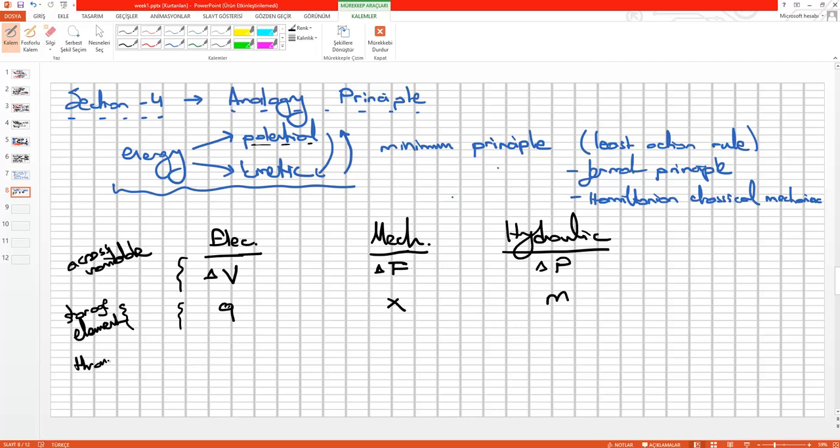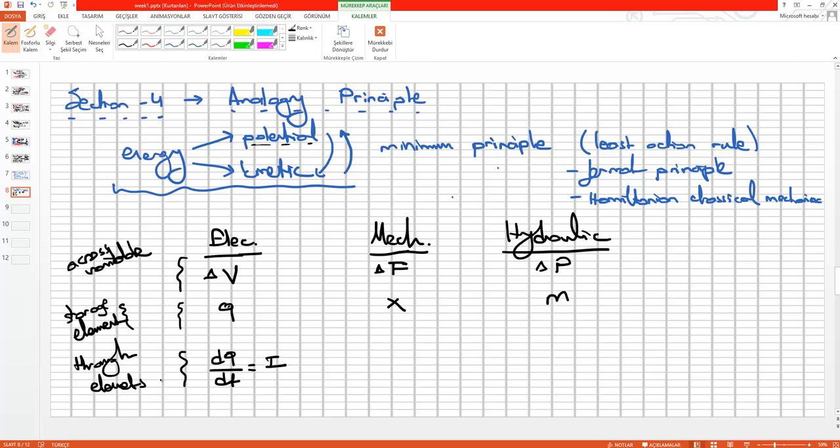And so we have the through values or through elements or variables in here. What's the through variable in an electrical system? Current, because dq divided by dt is equal to the current.